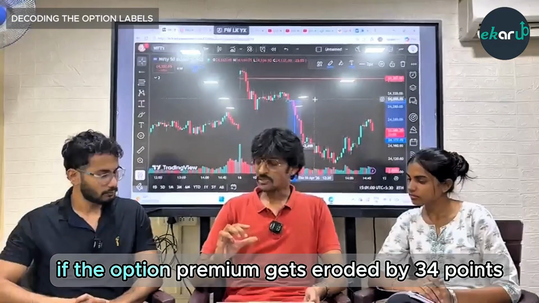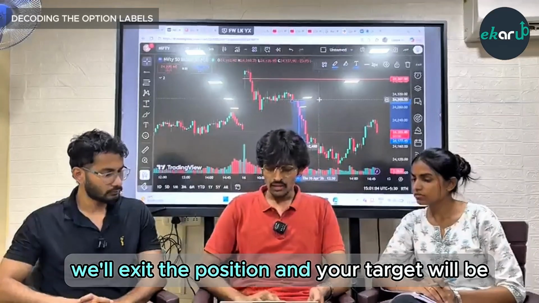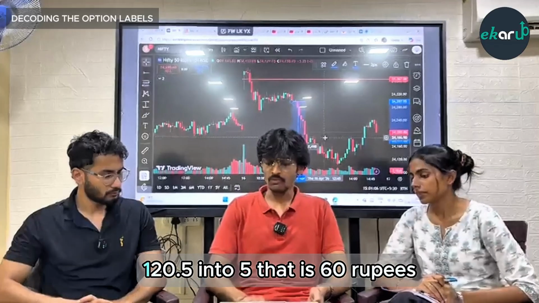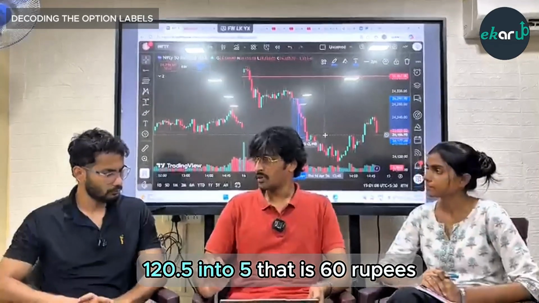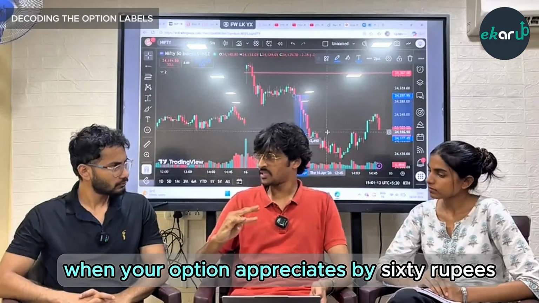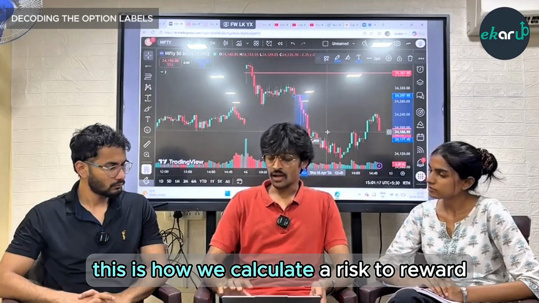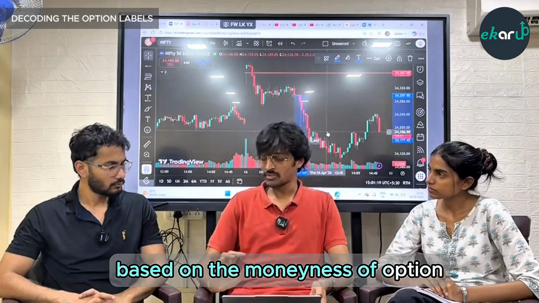If the option premium gets eroded by 34 points, you will exit the position. And your target will be 120 into 0.5, that is 60 rupees. When your option appreciates by 60 rupees, we'll exit the option. This is how we calculate risk to reward based on the moneyness of the option.